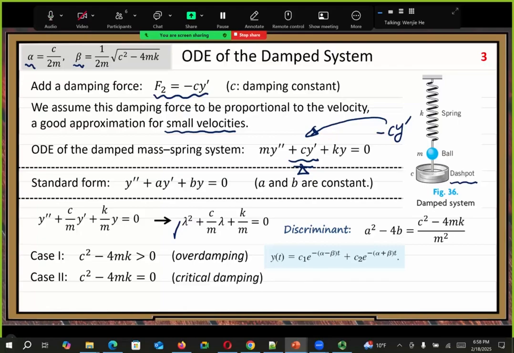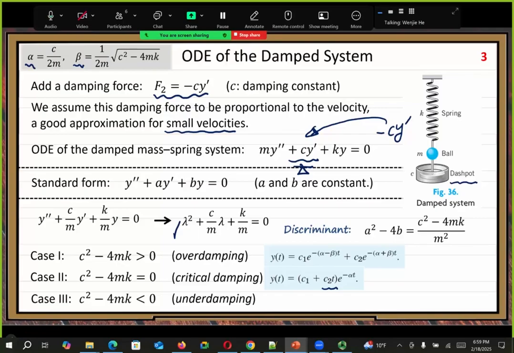The solution is C1 plus C2 t. Remember, when solving the characteristic equation we had that t before. We have a special way: if we know one solution, then we can find a second solution. That's the reason we get this t.